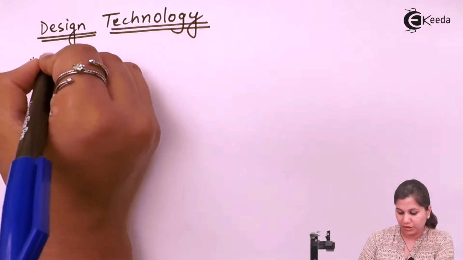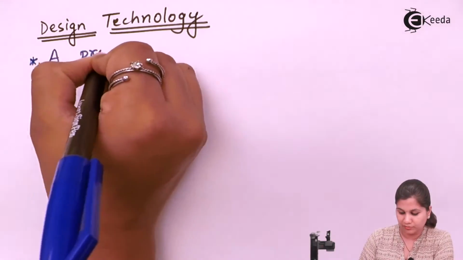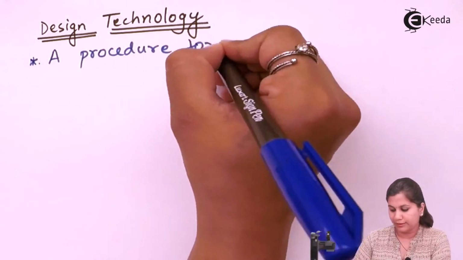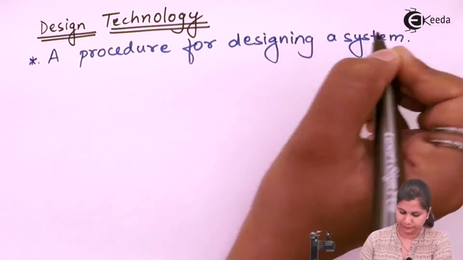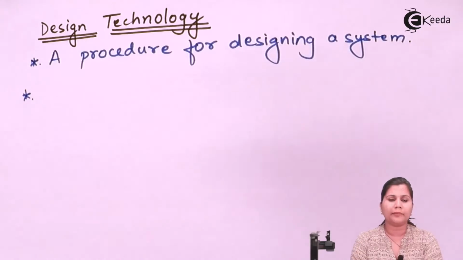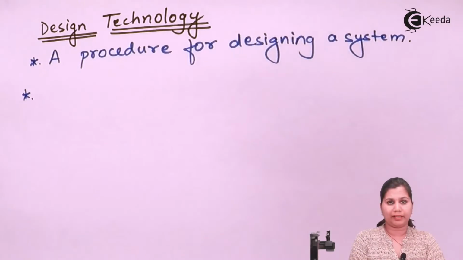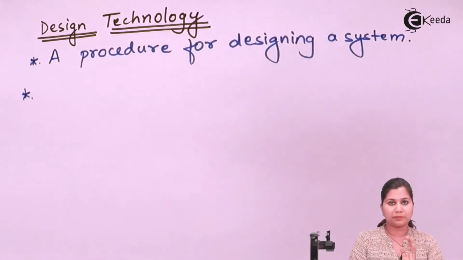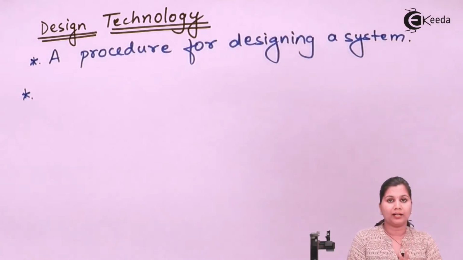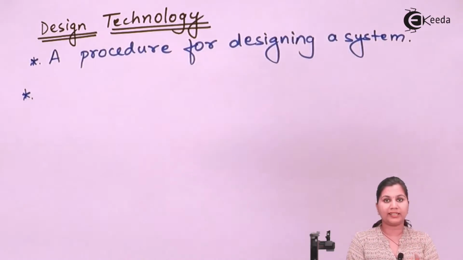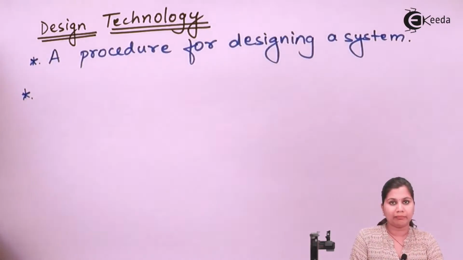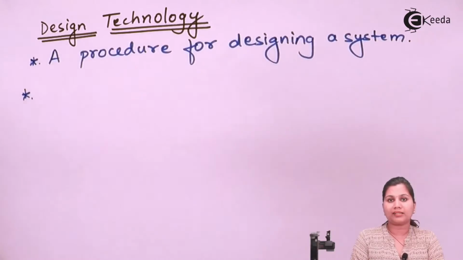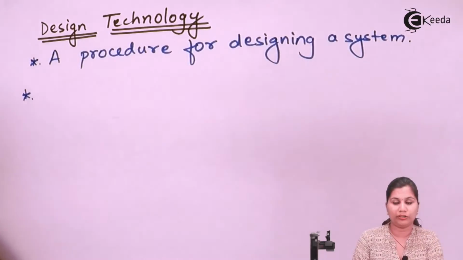So, design technology involves a procedure. Whenever we are developing the embedded system, we have some specifications, some limits, and some rules according to which you have to develop the embedded system. In some cases, complex procedures are involved in it.